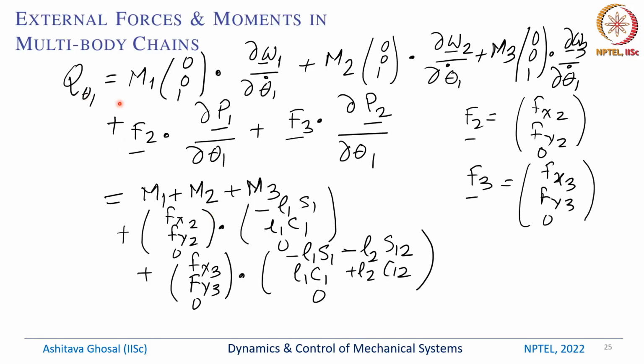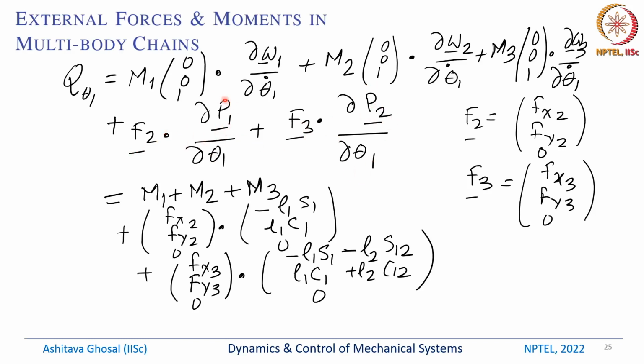So the Q theta 1 is nothing but M1, which is along the z-axis, into partial of omega 1 with theta 1 dot, plus M2 into dot product of partial of omega 2 with theta 1 dot, plus M3 into partial of omega 3 with theta 1 dot, plus F2 dot partial of position vector P1 with theta 1, and F3 dot partial of position vector P2 with theta 1.